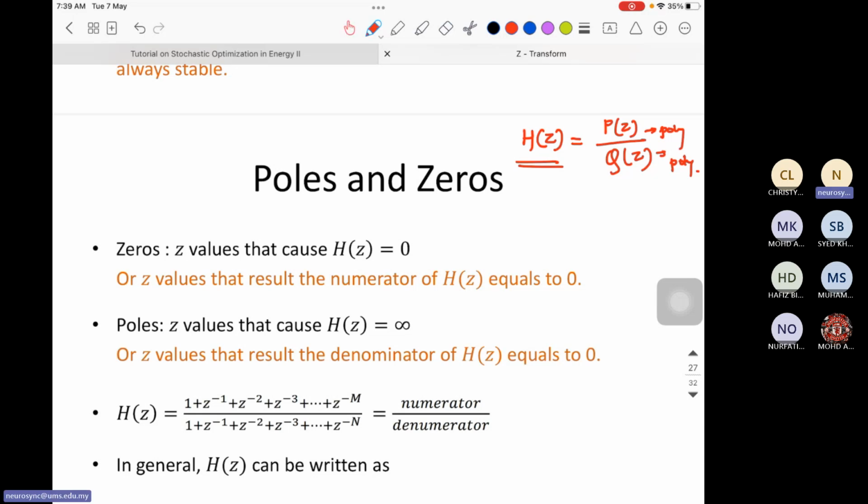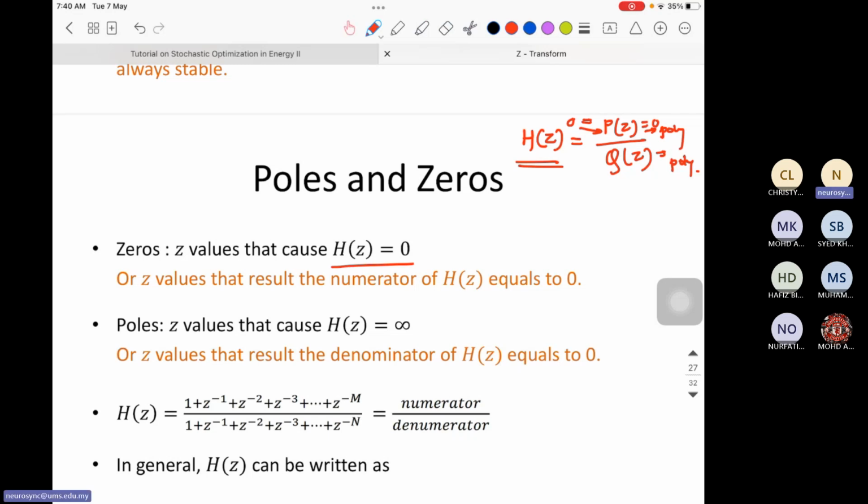Zeros are the values of z that cause H of z equal to 0 if your numerator is 0. Correct? If your numerator is 0, then this H of z will be 0.